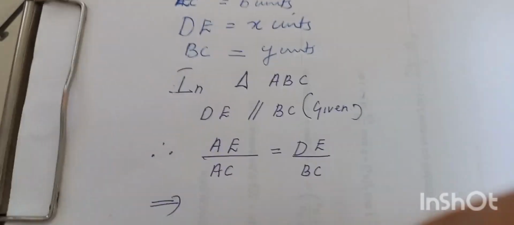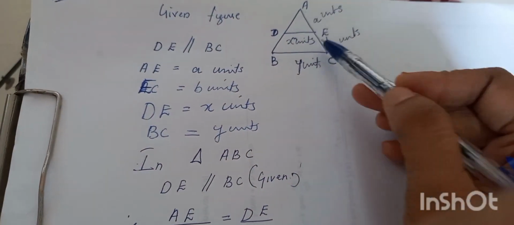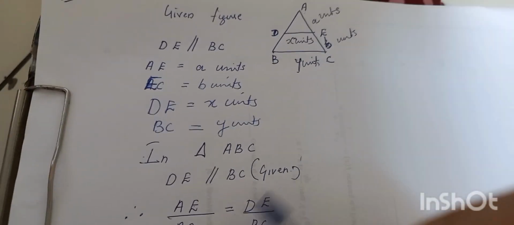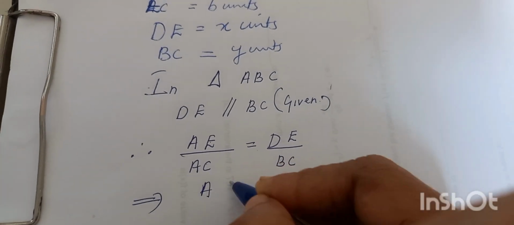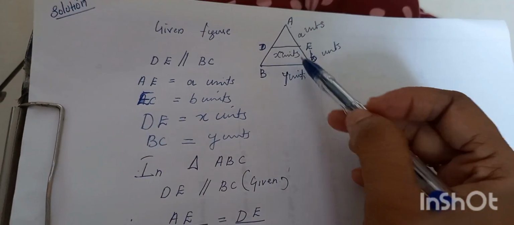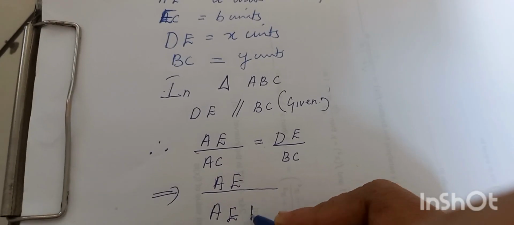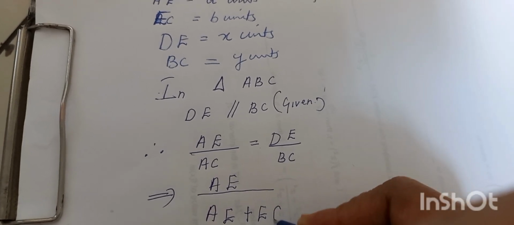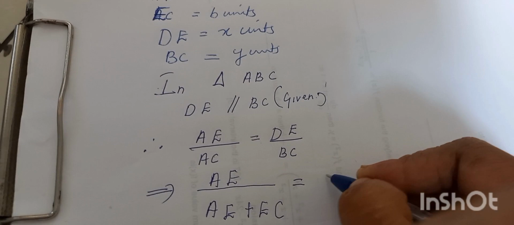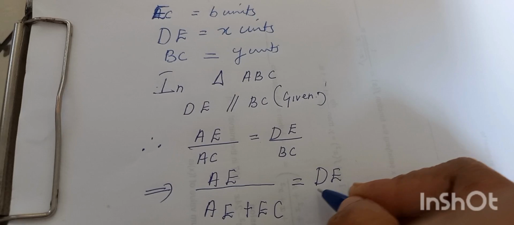We already know that, therefore, AE by AC is equal to DE by BC. So AE by AC, how can we write AC? AC, how can we write? AE plus EC. AE by AE plus EC, which is equal to DE by BC.